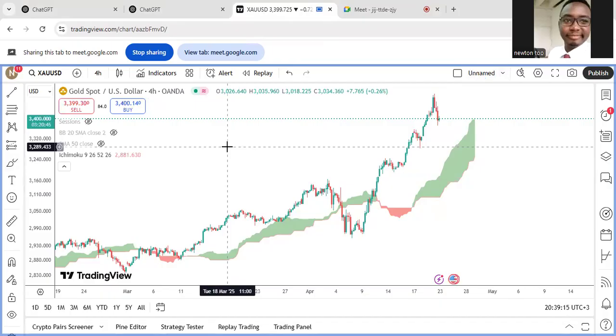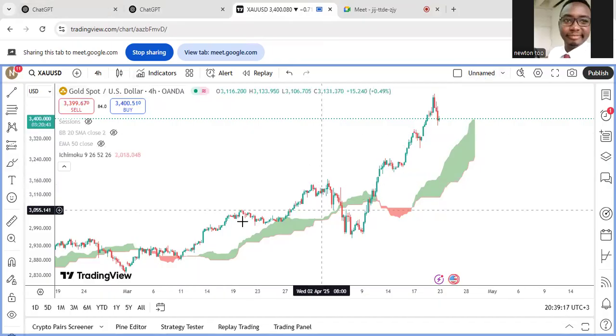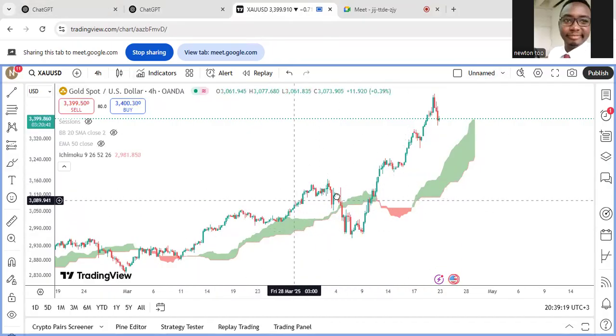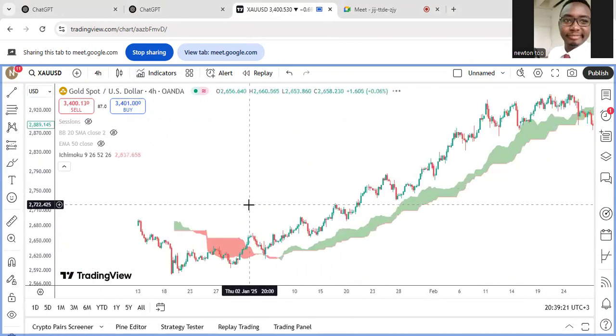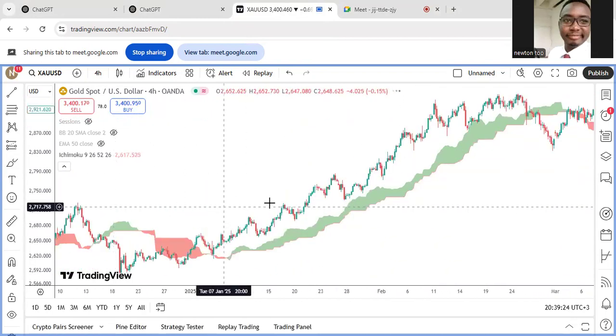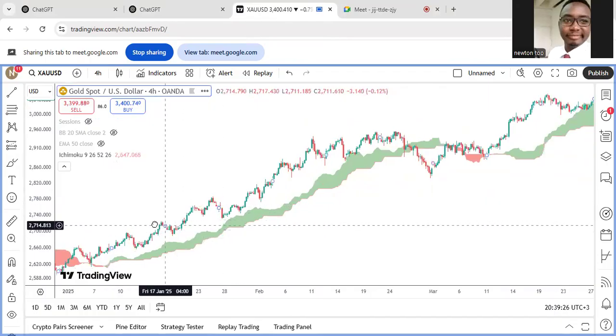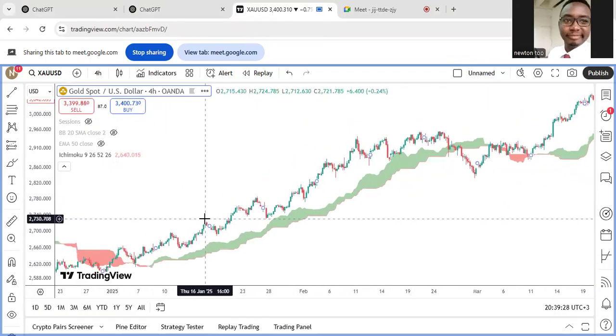On my screen here, I have an indicator called Ichimoku. It's a Japanese name, derived from Japan.